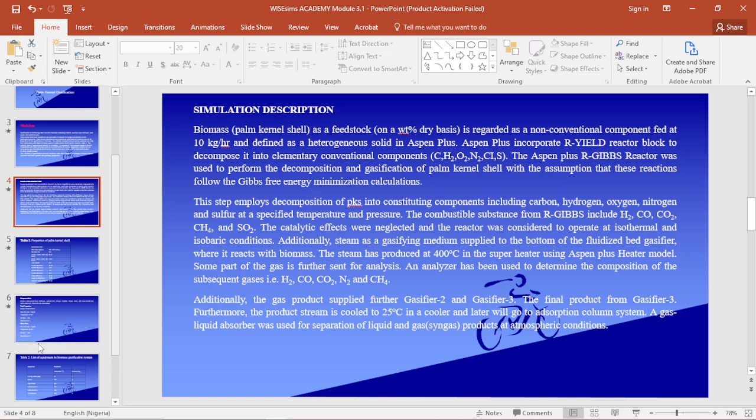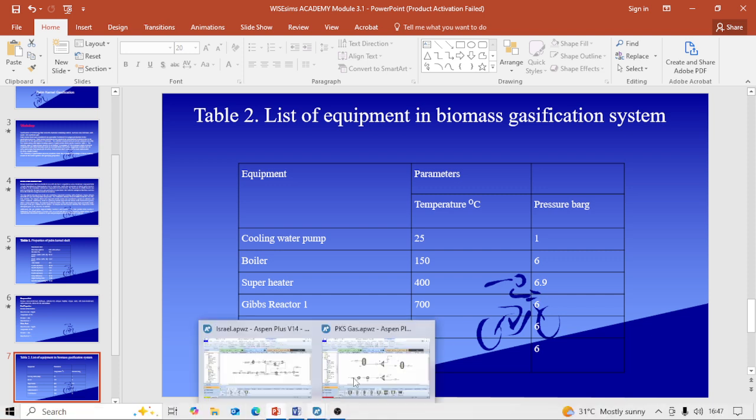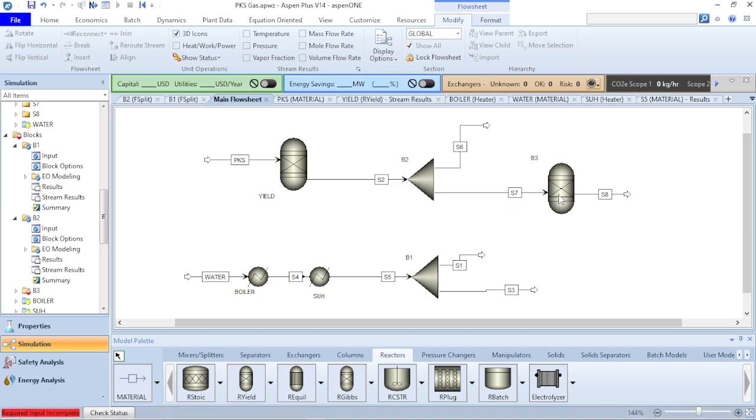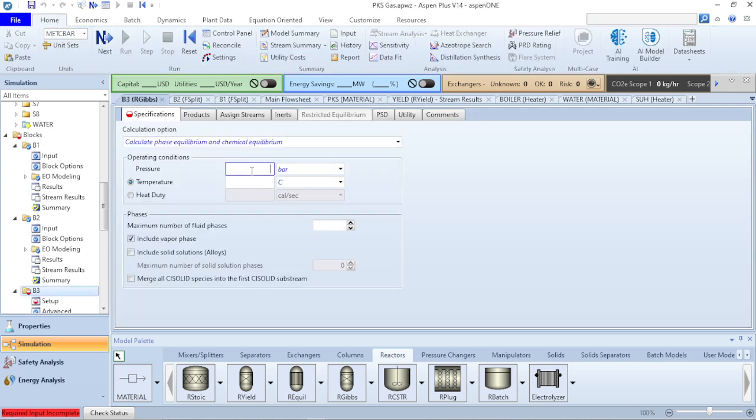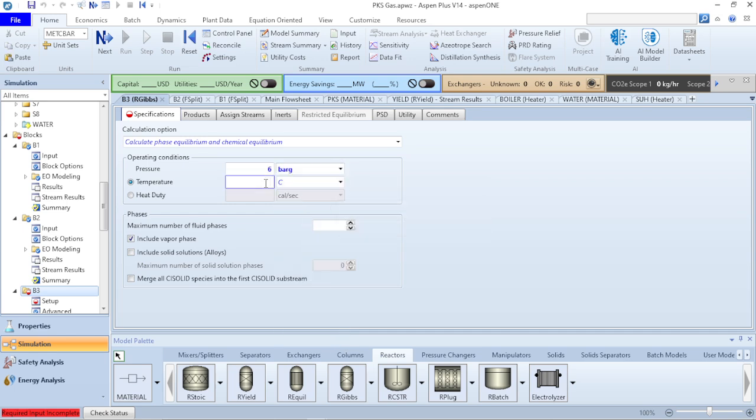So the first one is operating at 700 Celsius and 6 bar, so we use that. So 6, then 700.